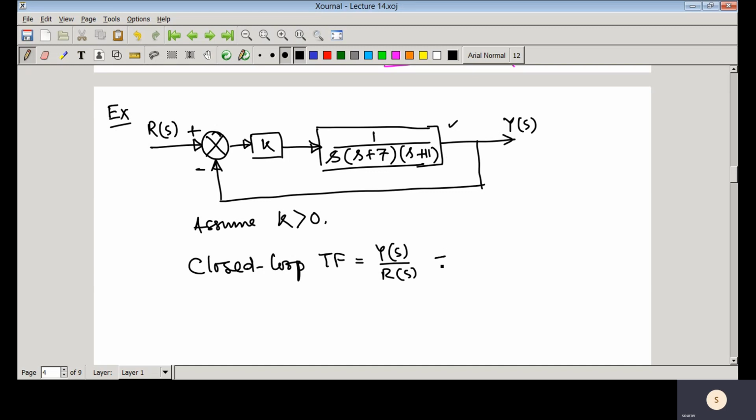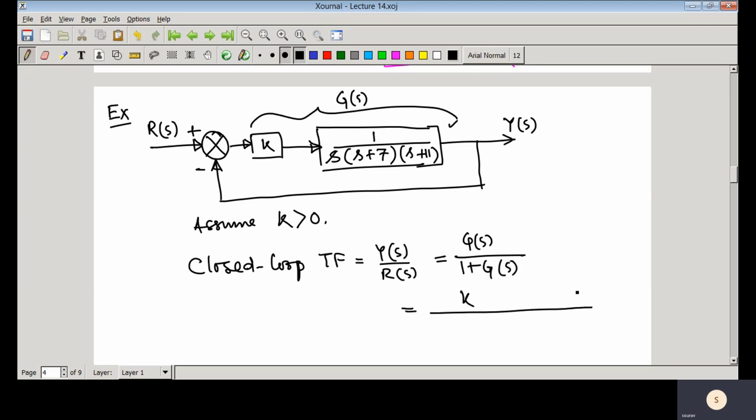So if we say that this whole thing is G(s), then G(s) by 1 plus G(s). So if you write that one, you would have the closed loop transfer function, that is K over s cube plus 18s square plus 77s plus K.